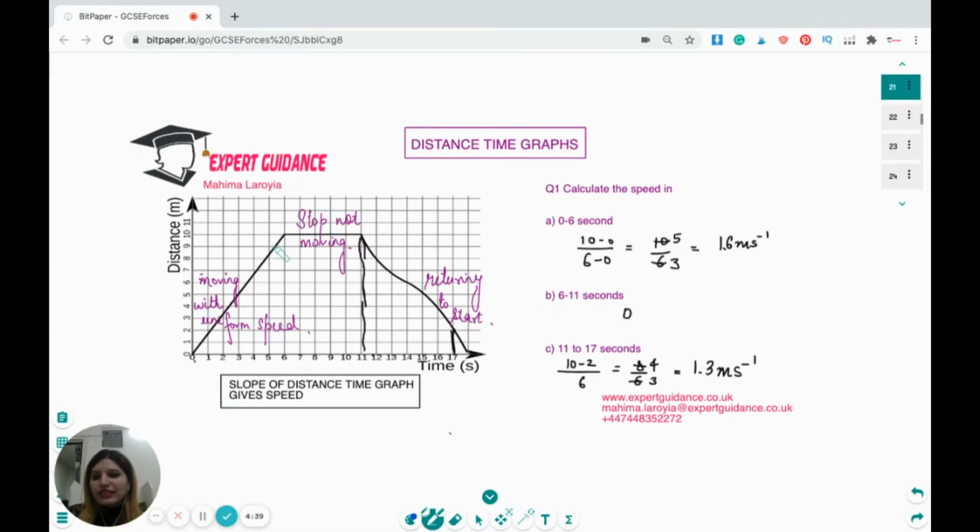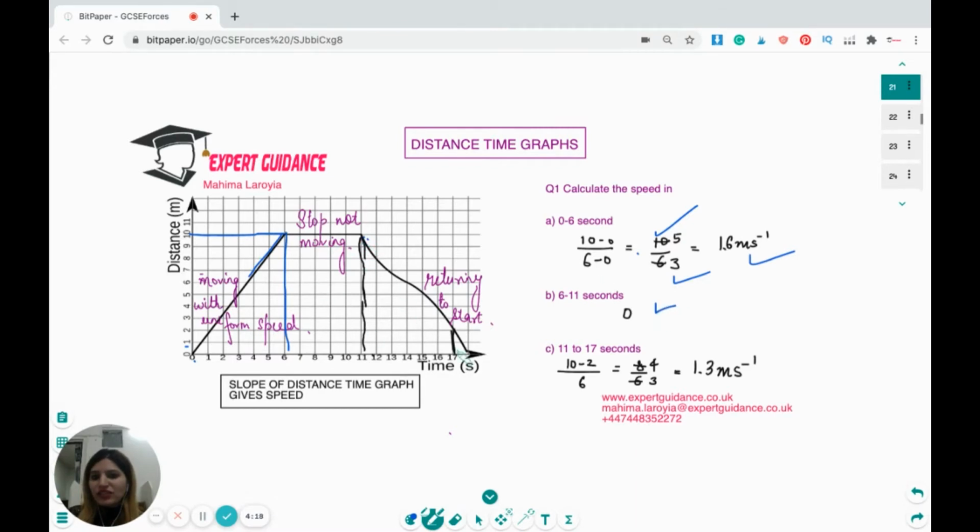Now from 0 to 6 seconds, we'll work out the gradient of this line. So we can take this point, which is 10 minus 0, divided by these corresponding x points, which are 6 minus 0. So that gives 10 over 6, which is 1.6 meters per second. From 6 to 11 seconds, there's no change in distance, so that part is 0, so the speed is 0.